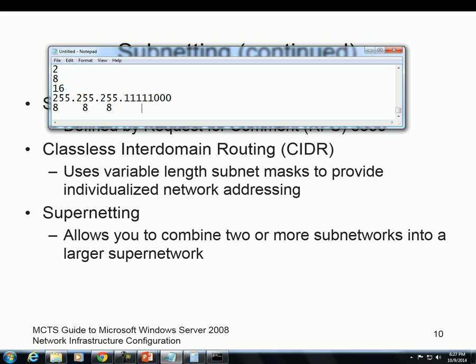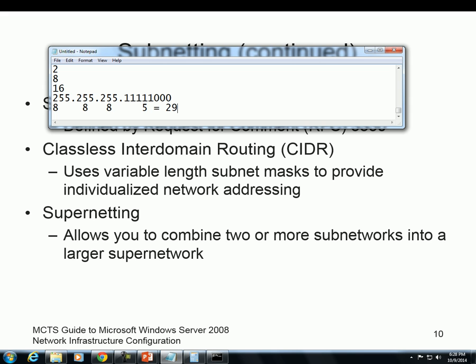How many ones in this last one? 5. So how many ones we got? 29? Okay. CIDR is classless interdomain routing. It's a way of specifying a network ID, subnet, everything with a slash. So basically, instead of a subnet mask, I would use /29. Okay? So far so good? It's just an easy way of doing it.